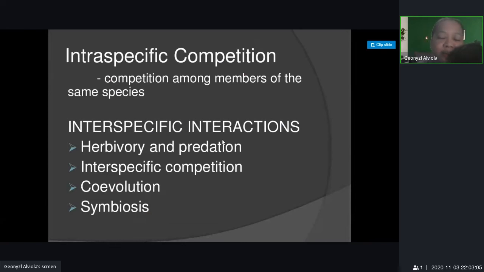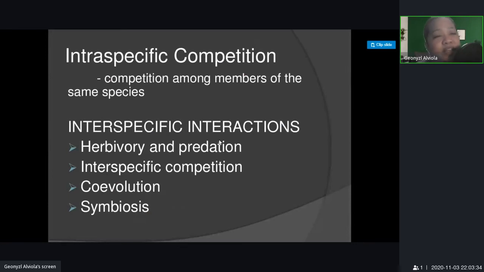So one good example, si Juan de la Cruz tried to court Maria, and the competitor of Juan de la Cruz is si Fernando. That is one good example, courtship. That is intraspecific. One good example also, courtship among birds of the same species.